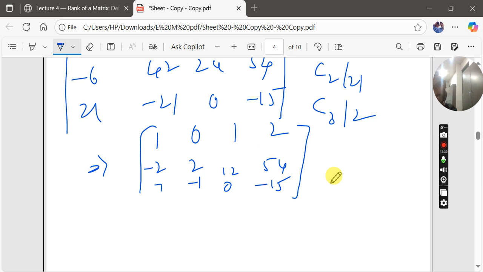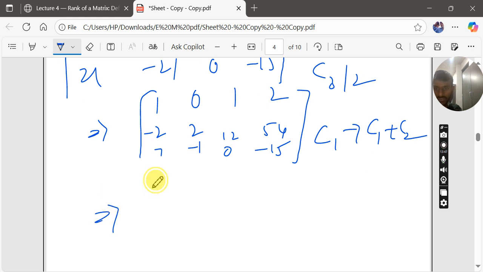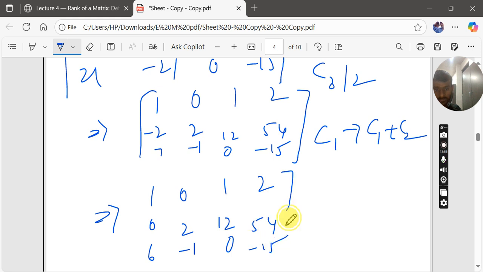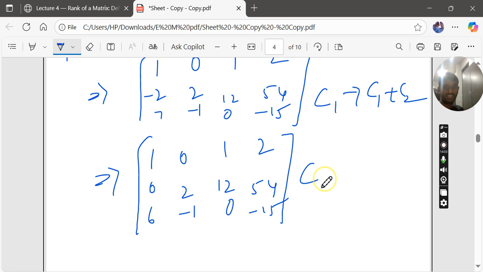Now I can apply any operations here. So now what I will do is C1 implies C1 plus C2. Then what will happen? 1, 0, 6 and 0, 2, minus 1, 1, 12, 0 and 2, 54, minus 15. Okay, so now again I will do C3 implies C3 minus C1.